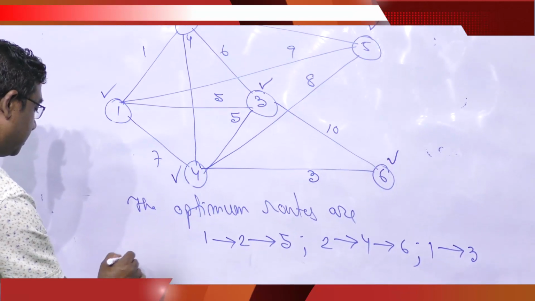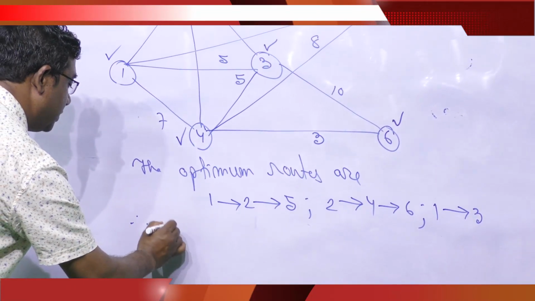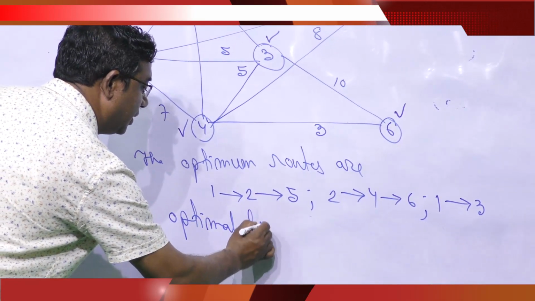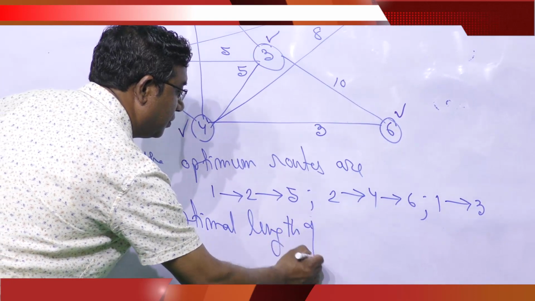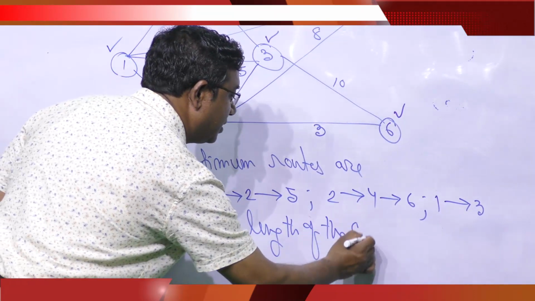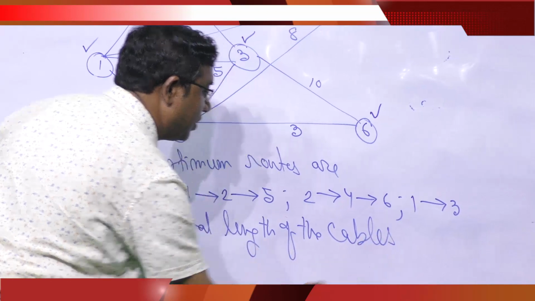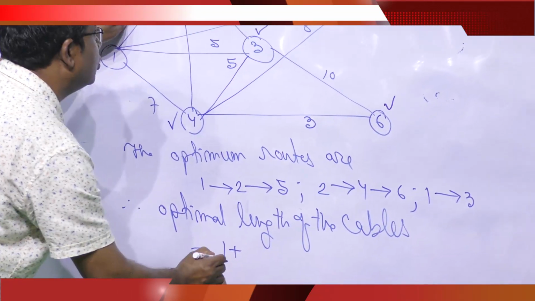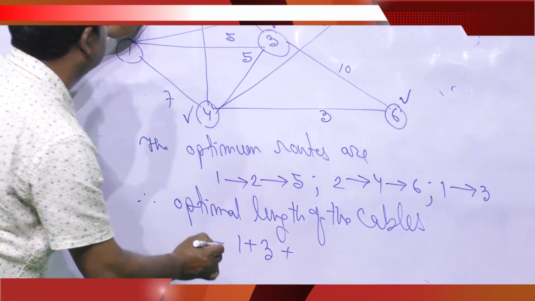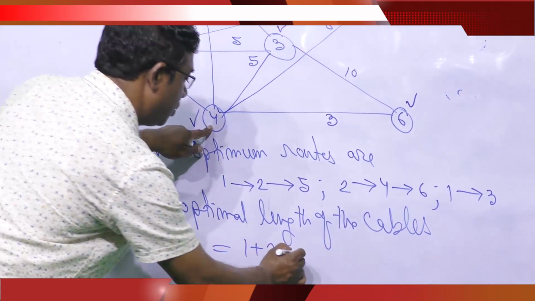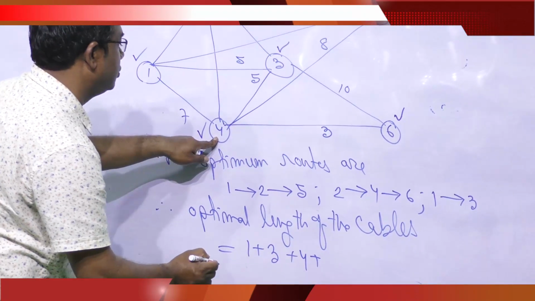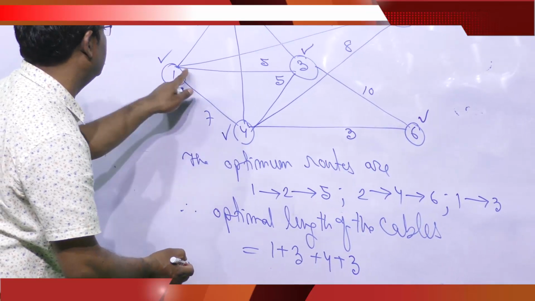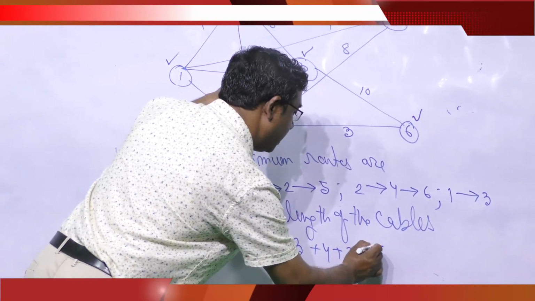So therefore the optimal length of the TV cable network is equal to 1 to 2, 1; 2 to 5, 3; 2 to 4, 4; 4 to 6, 3; then 1 to 3, 5.